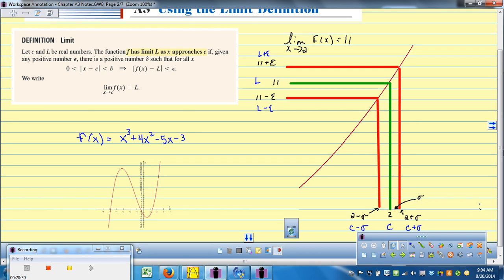All right, so I took the function x cubed plus 4x squared minus 5x minus 3, which is this cubic function, and I zoomed in just around x equals 2. So I'm only looking at this little part right here, and I expanded it over here.